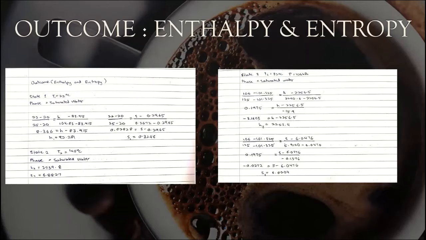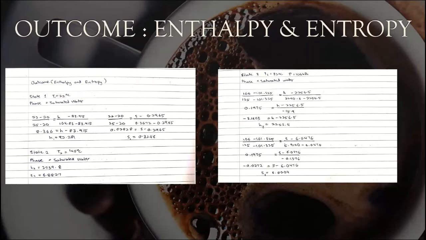6.8827. For the last state, we have given the temperature, which is 32 degrees Celsius, plus pressure, which is 106 kilopascal. So by given the condition of pressure, we have to refer to the property tables, which is in saturated water and pressure table.